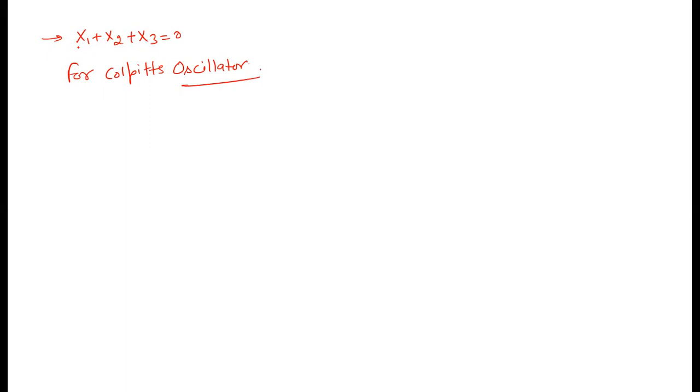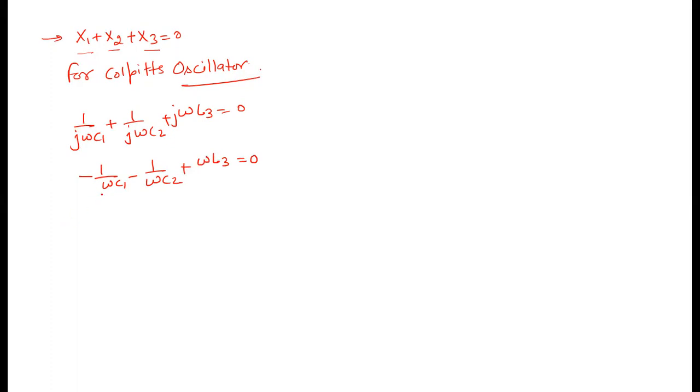So let's take x1 and x2 as capacitive elements and x3 as the inductive element. Here we have 1 upon j omega C1 plus 1 upon j omega C2 plus j omega L3 is equal to 0. So this can be written as minus 1 upon omega C1 minus 1 upon omega C2 plus omega L3 is equal to 0.